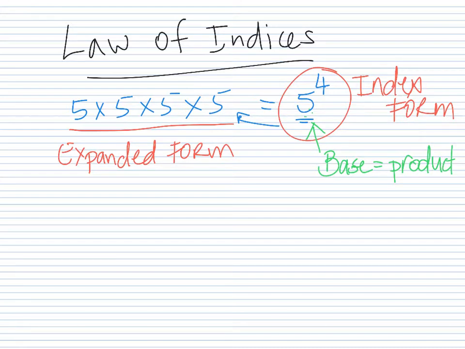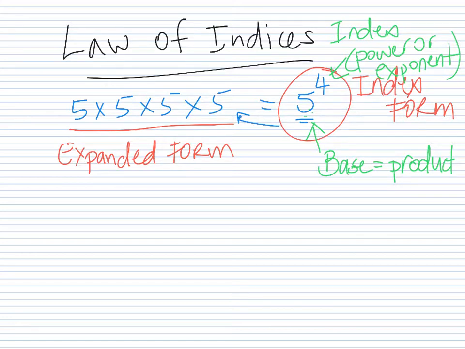This number here is known as the index, but sometimes you may hear it as power or exponent. They essentially mean the same thing though. You will need to understand and be able to recognise those terms though.